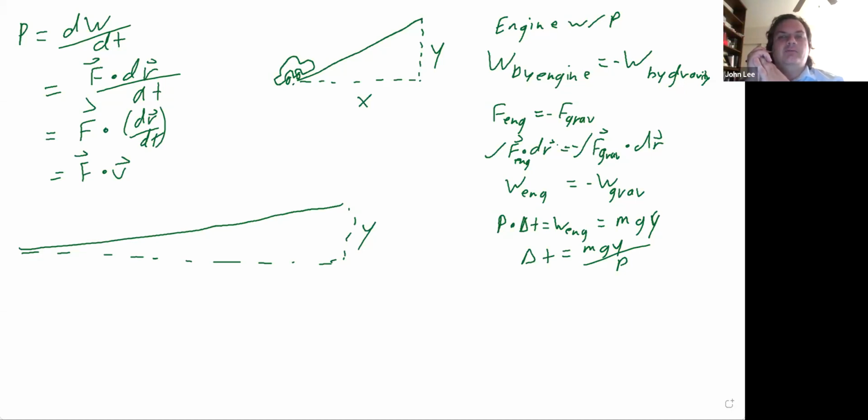For the work by engine and work by gravity, this assumes that there's no air resistance or anything like that, and it only depends on mgy. So it only depends on the y direction for the work by engine versus work by gravity problem.